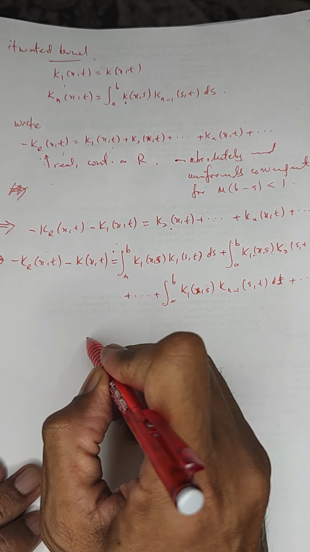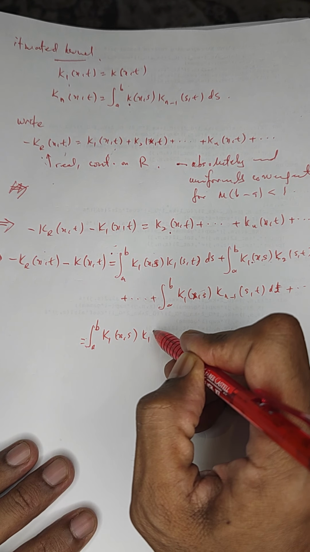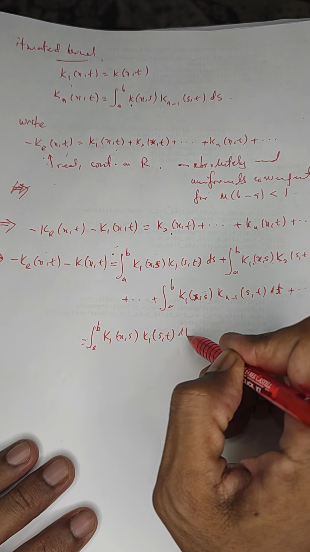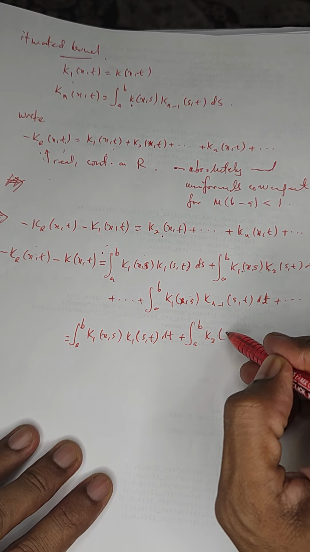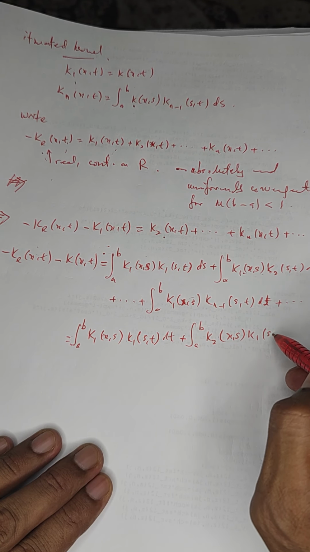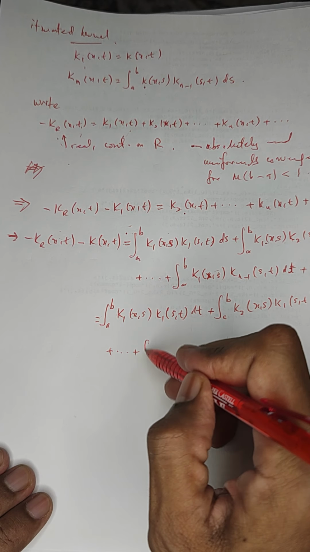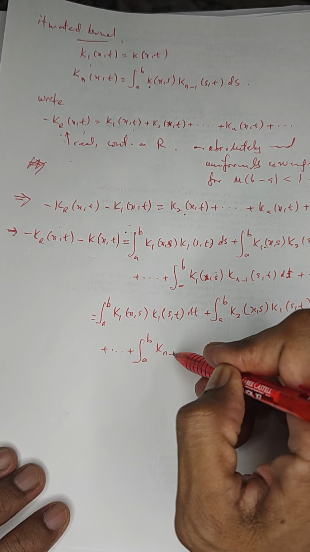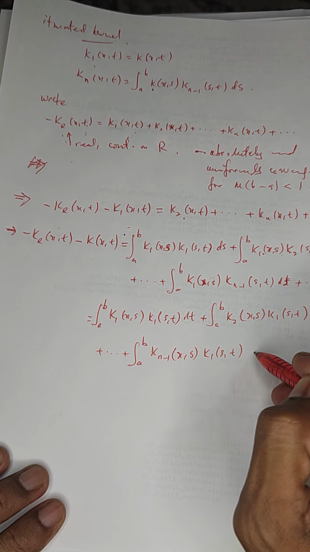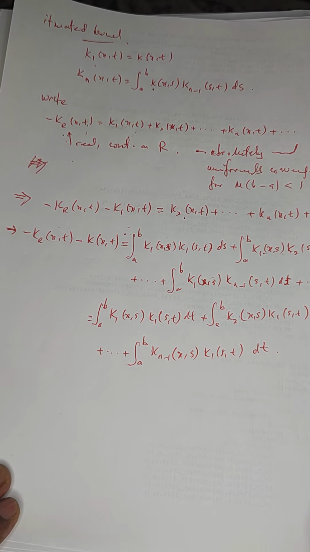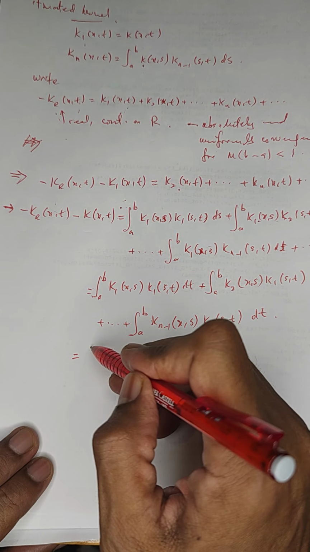So I can write this as integral a to b k1(x,s) k1(s,t) dt plus integral a to b k2(x,s) k1(s,t) dt and so on, integral a to b k_{n−1}(x,s) k1(s,t) dt, right?